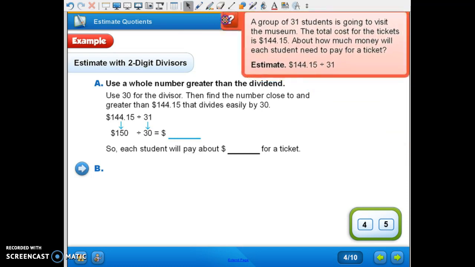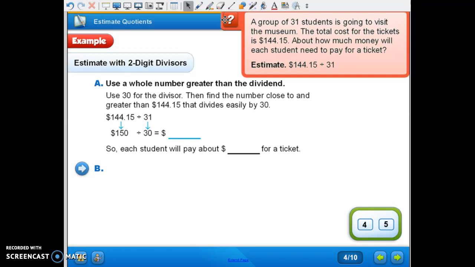Here's our question. A group of 31 students is going to visit the museum. The total cost of the tickets is $144.15. How much money will each student need to pay for a ticket? So we're going to estimate $144.15 divided by 31. Use 30 for a divisor. So we're going to round our divisor to the nearest 10, and that would be 30.